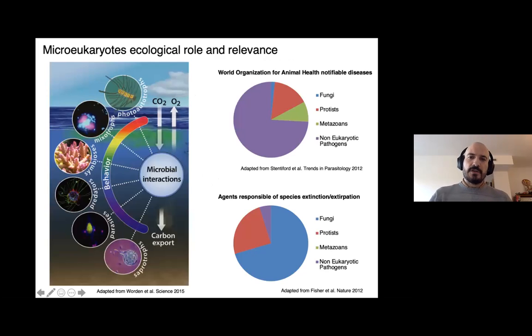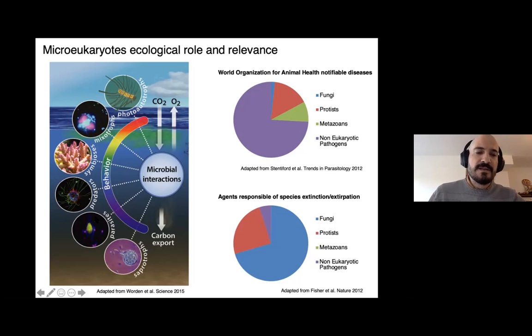Microeukaryotes are important not only because they are the most diverse eukaryotes, but also because they play different roles in marine ecosystems and other ecosystems, though I'm going to focus on marine ecosystems during this talk. In the ocean, microeukaryotes can be photoautotrophs, but they can also be saprotrophs, so heterotrophs.